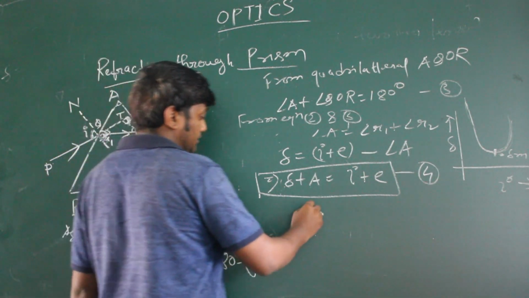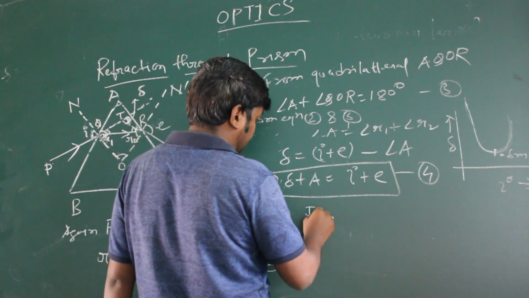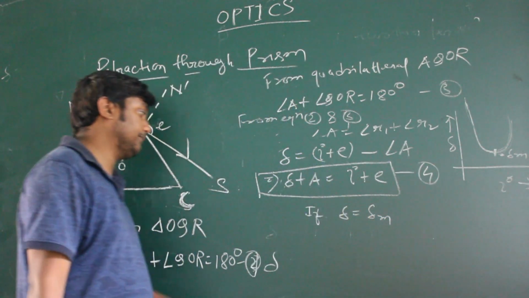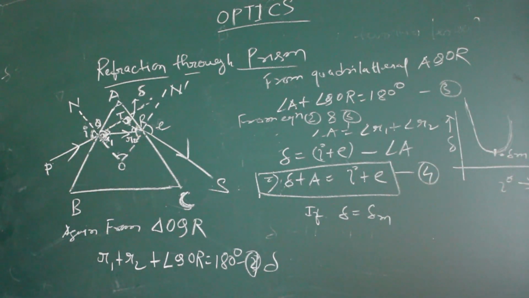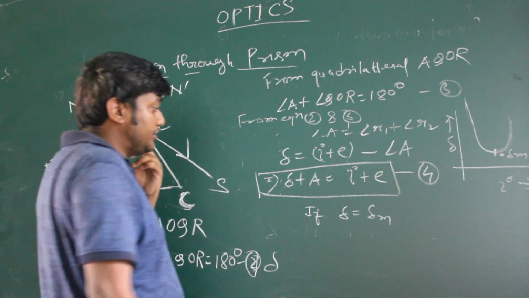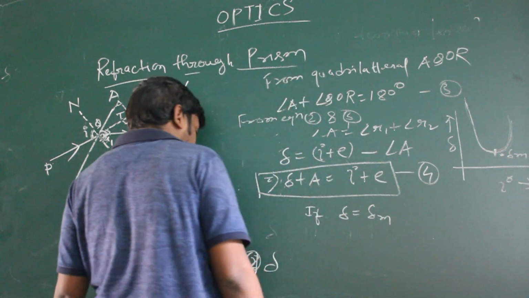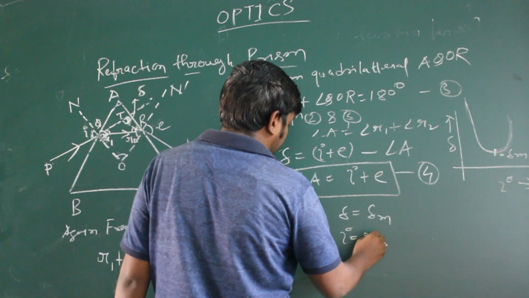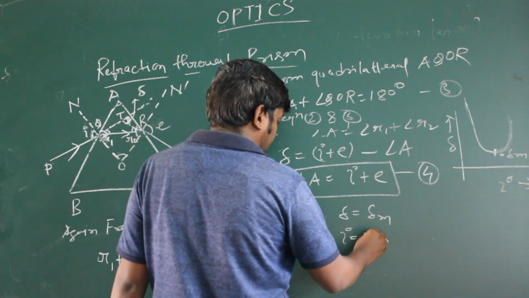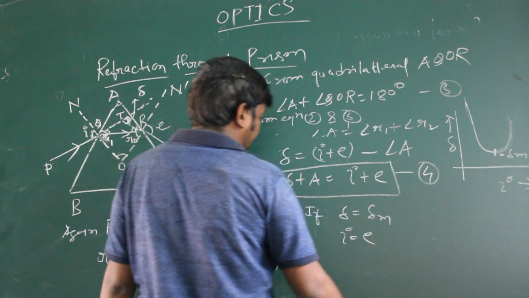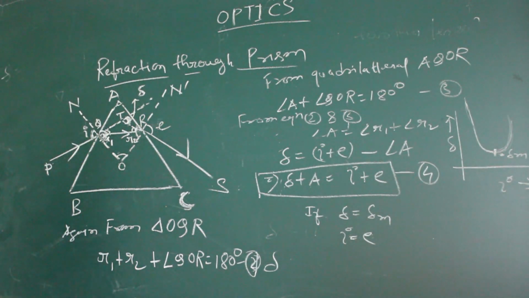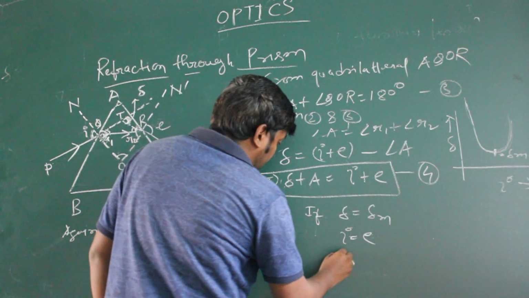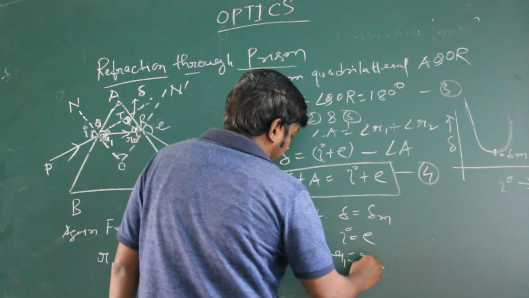Now, if del equals del m, at minimum angle of deviation, we can find I equals E. That means at minimum angle of deviation, the angle of incidence will be equal to the angle of emergence, and R1 equals R2.